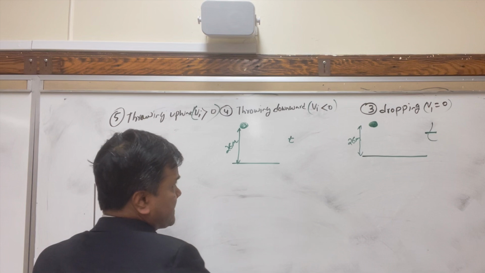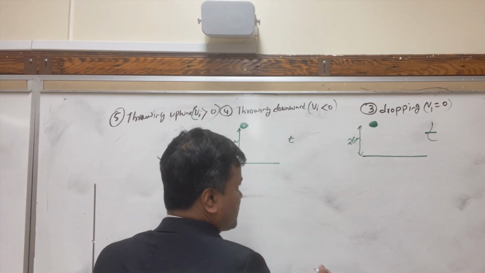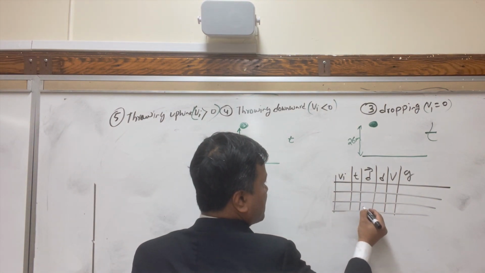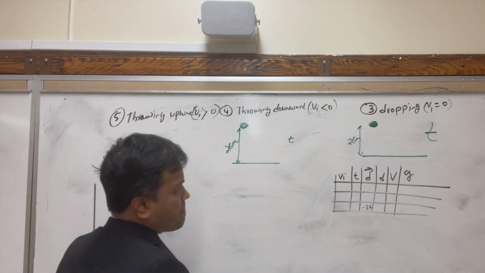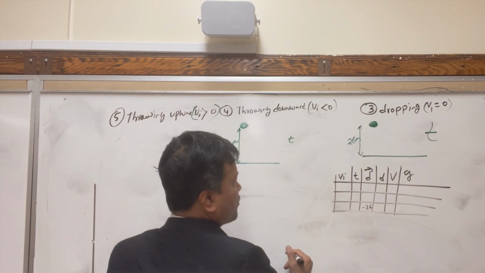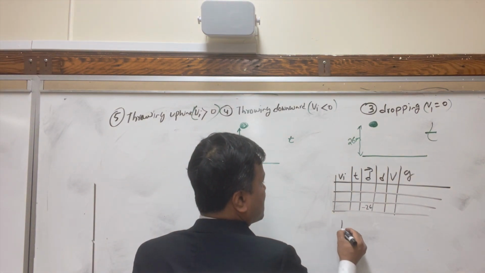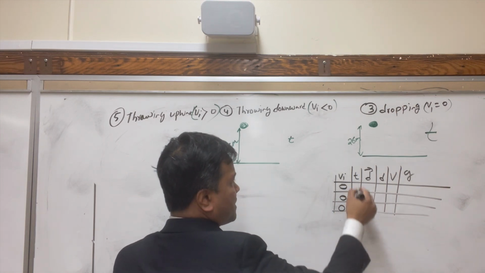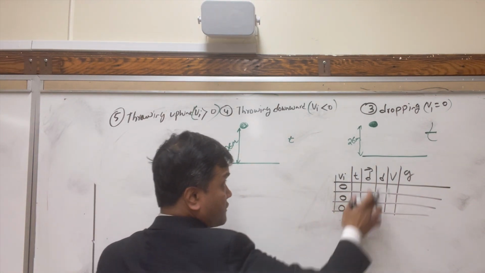Now I want you to do a few things. Find the time when the displacement is negative 26. Initial velocity is 0. It doesn't matter what time it is, initial velocity is 0 because it's dropping.